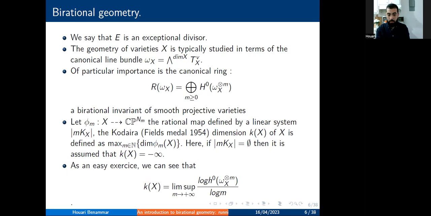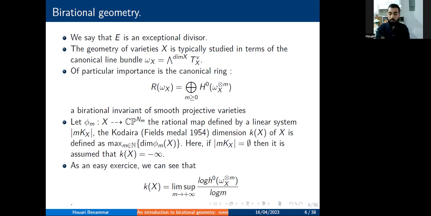Okay, so we define a rational map by a linear system. So what does it mean, a linear system? We take, as I said, the canonical line bundle. So this line bundle corresponds to a divisor, because it is Cartier.